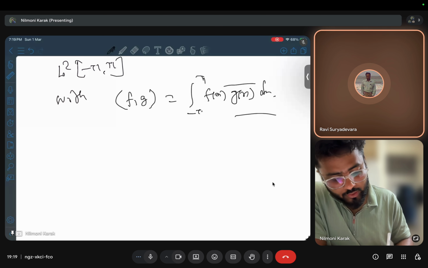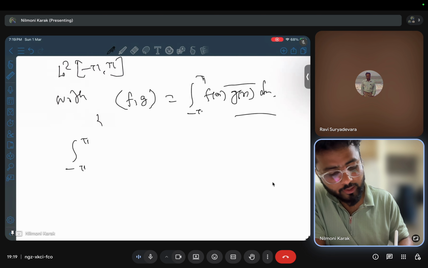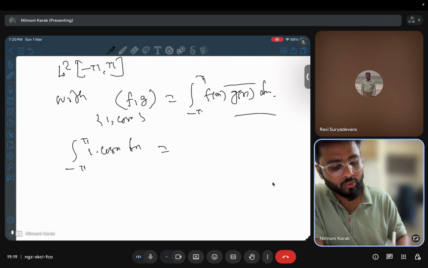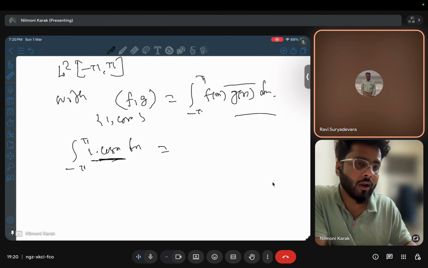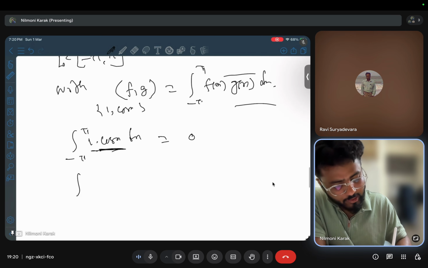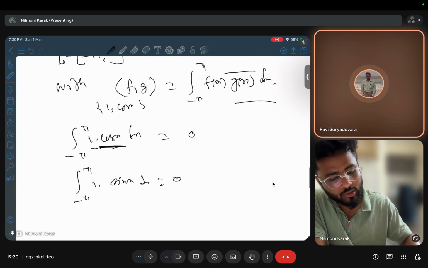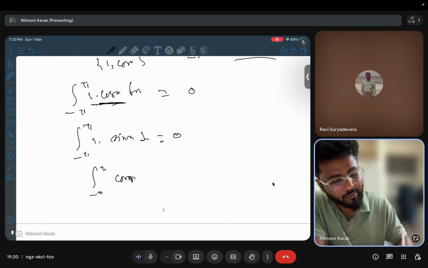Now, if you do it between 1 and cos x, what is the cos x bar? This is cos x dx. So this is 0. Similarly, minus pi to pi, 1 and sin x, this is also 0. And also you do cos mx times sin nx dx.